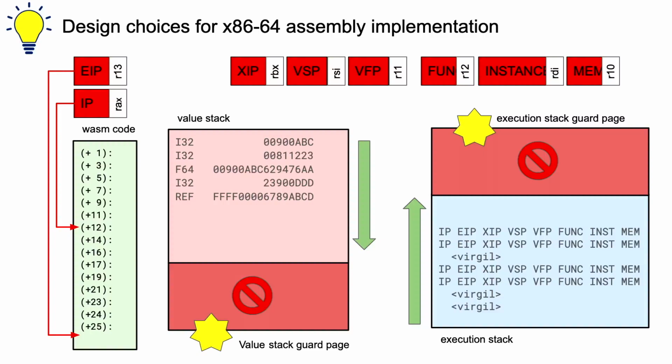Every interpreter frame is essentially just a copy of the registers that you had. You dump them on the stack, and then you call the thing and it makes its own registers, and then it comes back to you, you reload them. These are all fixed size. None of the values are stored in the execution stack, so every frame is exactly the same size. That is kind of nice. Questions about that?